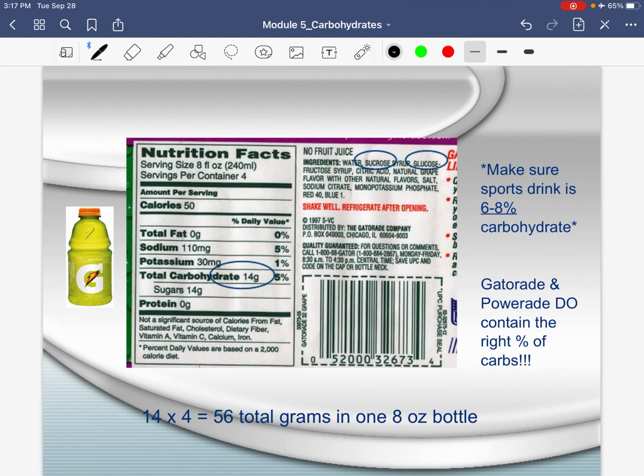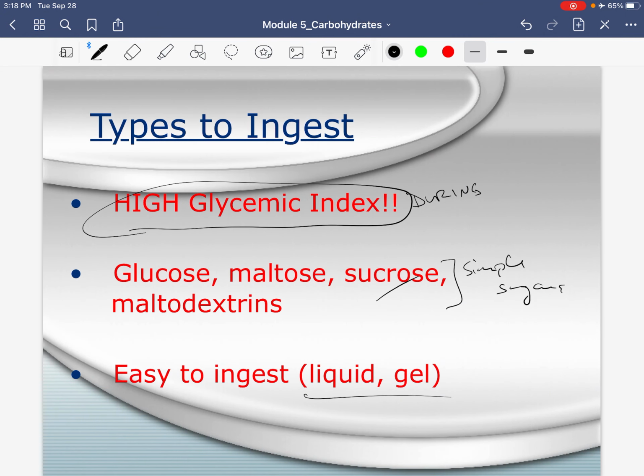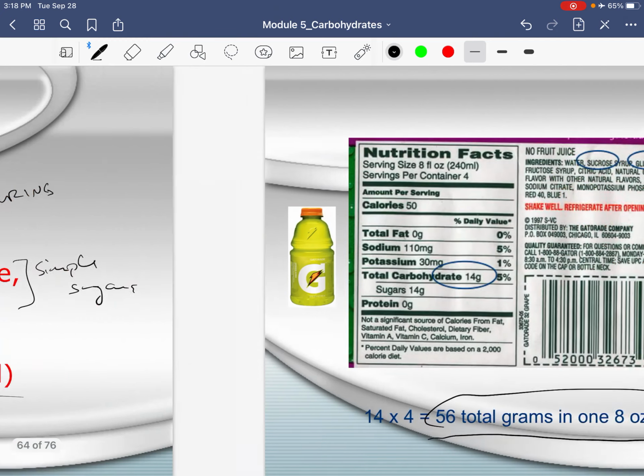Here are some examples of how many grams can be found in an 8-ounce bottle of Gatorade. That's pretty good, right? 56 grams in an 8-ounce bottle. What was the goal? 70 grams per hour. You can certainly go through one of those and more in an hour. You can see it's got sucrose and glucose. Sucrose, glucose, so it contains what it should.